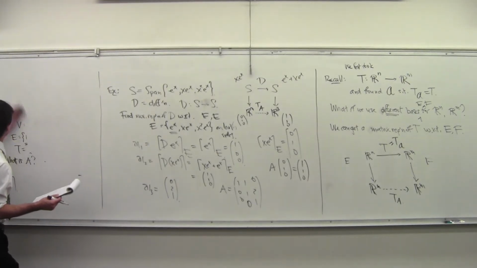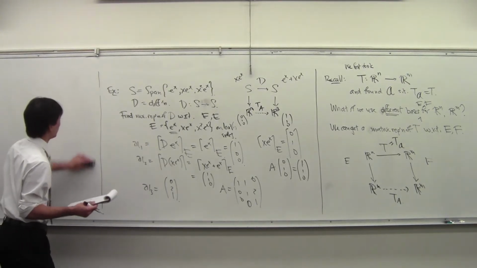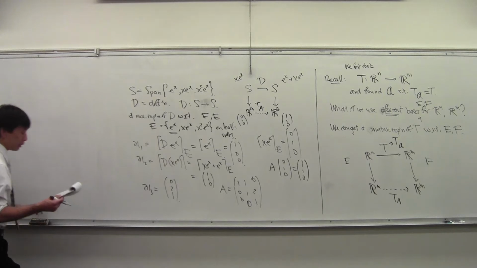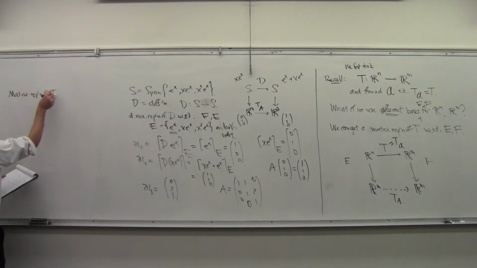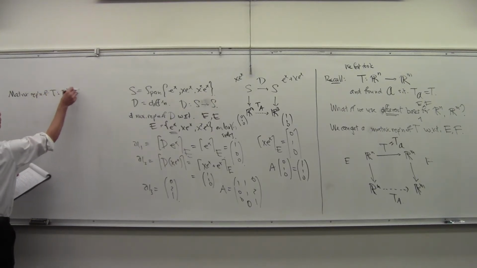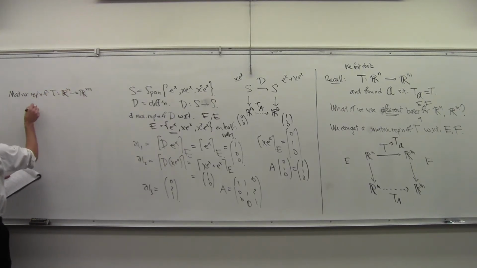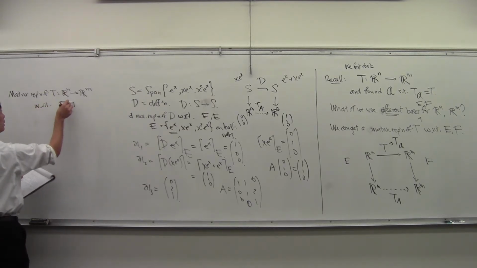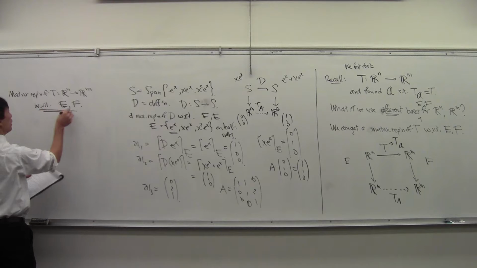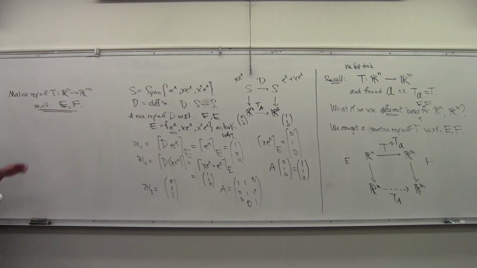So what we're doing right now, you could call the matrix representation of T from Rn to Rm with respect to different bases E and F. The first thing we did was the matrix representation of this, but not with respect to some bases.